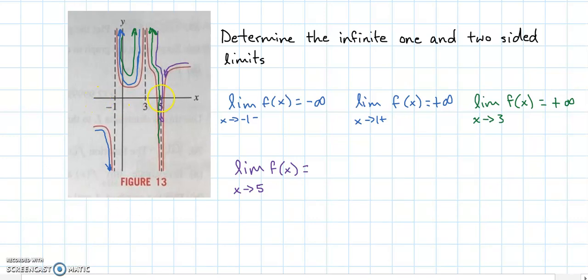And as x approaches 5, the left-sided limit and the right-sided limit both equal negative infinity. And that summarizes how to evaluate a limit of a function using the graphical approach.